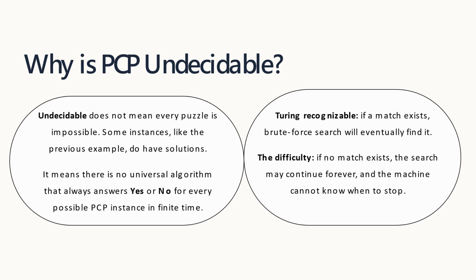If a solution exists, a brute force search can eventually find it. So in that sense, PCP is Turing recognizable. But if no solution exists, the search may continue forever. The machine cannot know whether there is truly no solution or whether it simply has not searched long enough yet. That is why PCP is undecidable.